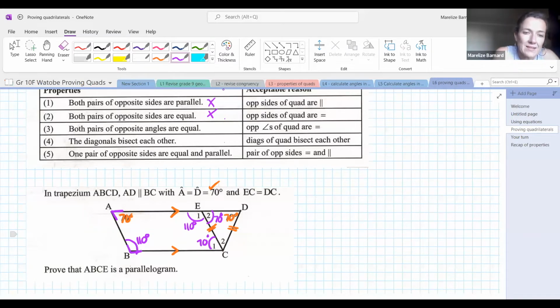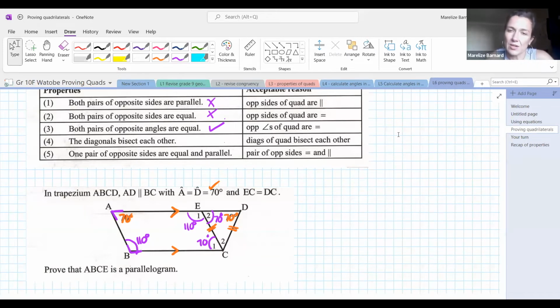So we've got A is 70, C1 is 70, check one pair. B is 110, E1 is 110, check the second pair. So we have proven number 3. The diagonals we're not going to bother about because they're not drawn in. And the other one we also haven't proven.